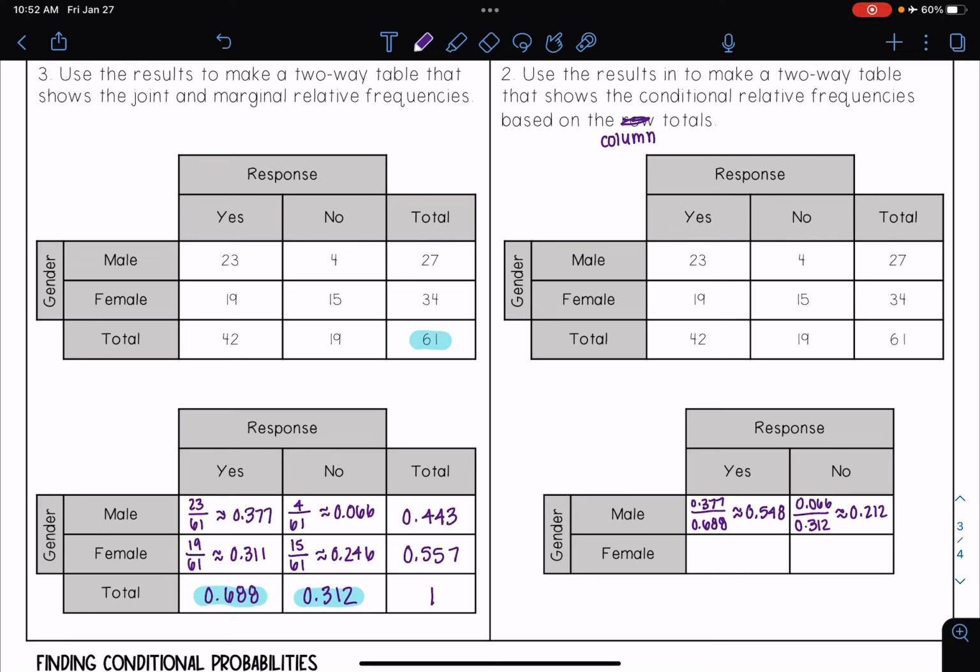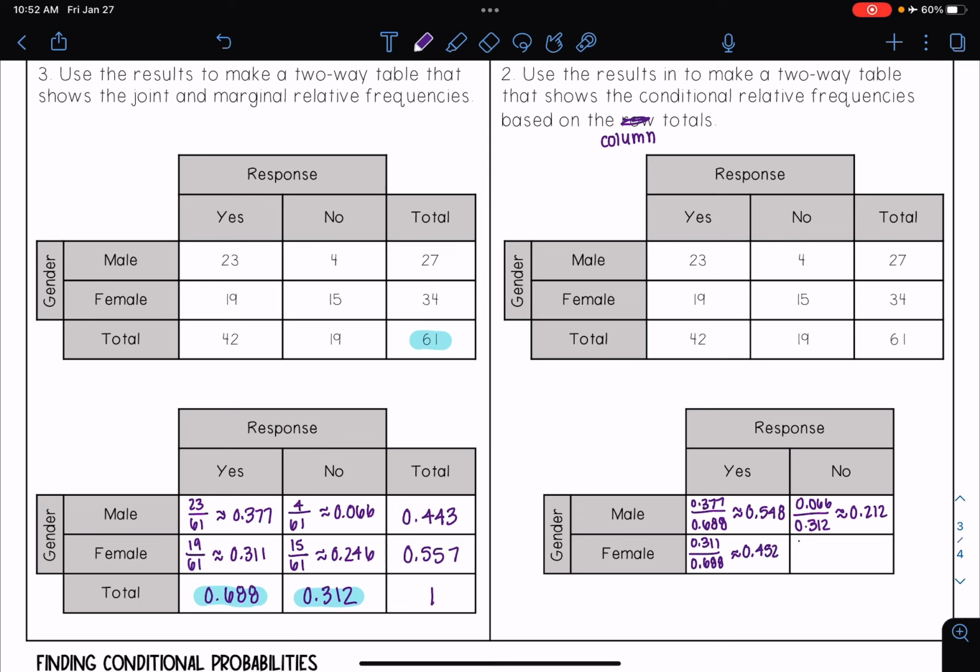The yes female, that relative frequency was 0.311 divided by the total marginal relative frequency of 0.688. And so 0.311 divided by 0.688, and I get approximately 0.452.